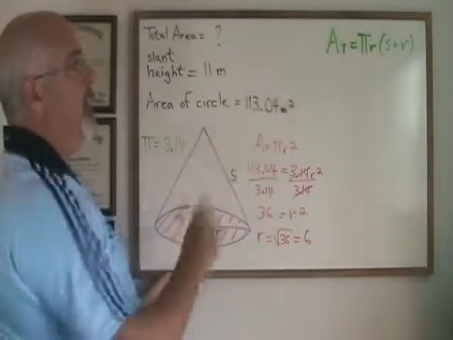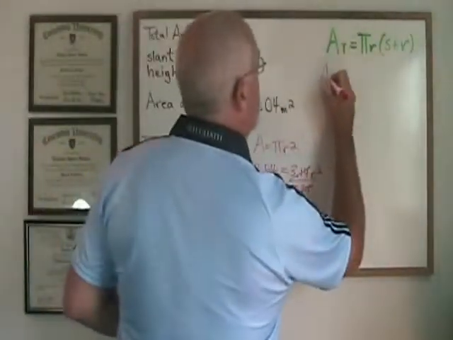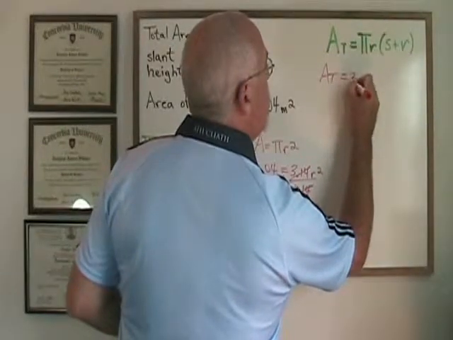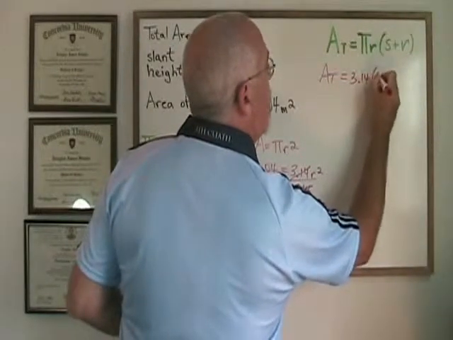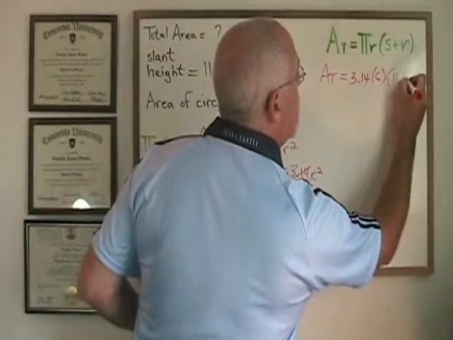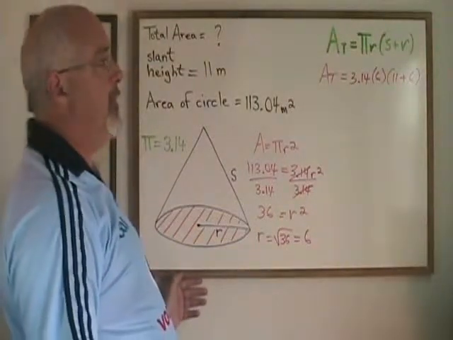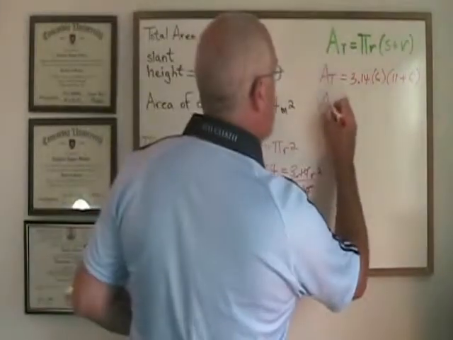We can now plug into the total area of a cone formula. AT is our unknown, pi is 3.14, r is 6, s is 11, and the other r is also a 6. First we do 11 plus 6 and get 17.